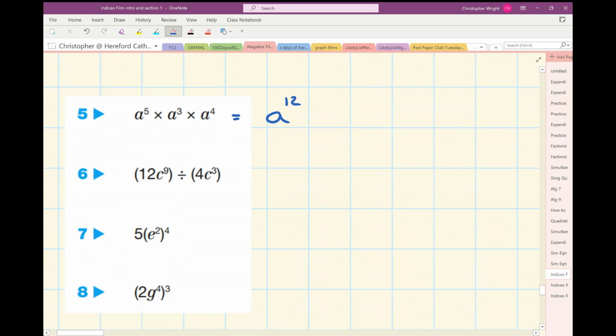Now, number 6. Right, I tend to write these as fractions. 12c to the power of 9 divided by 4c cubed. Now, that's a fraction. I can divide the top and bottom by what I like. I'm going to divide the top and bottom by 4 to start with, leaving me with 3c to the 9 over c cubed.